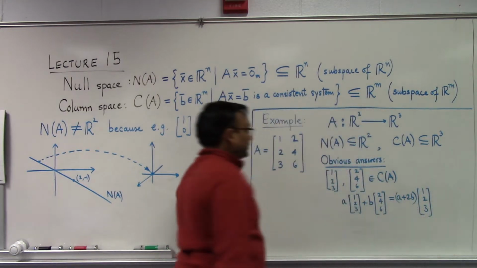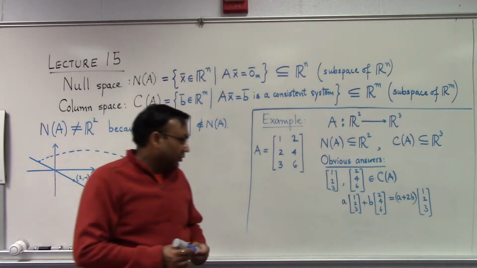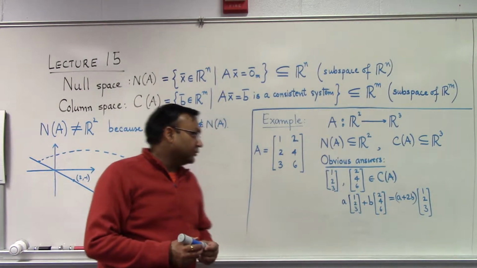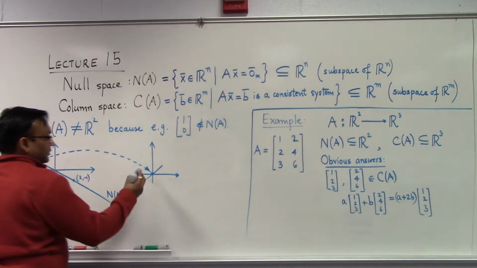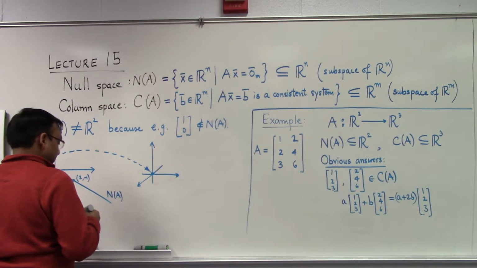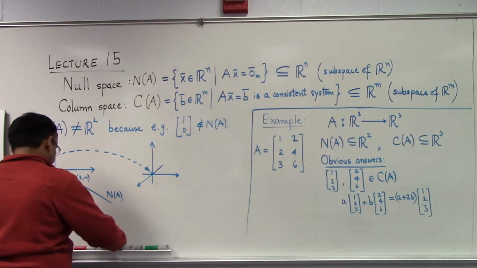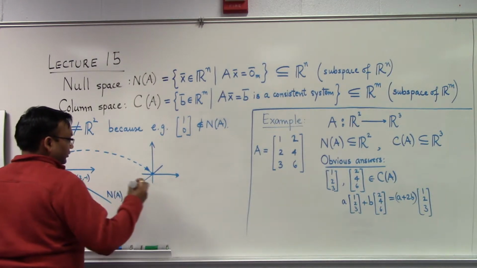So anything which lives in the column space of the matrix A is going to be a multiple of the vector 1, 2, 3. So if we look at what we are able to accomplish here, it would be basically a line which passes through the origin and is in the direction of the vector 1, 2, 3.